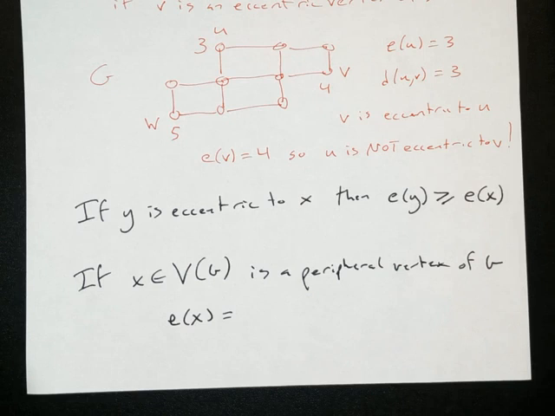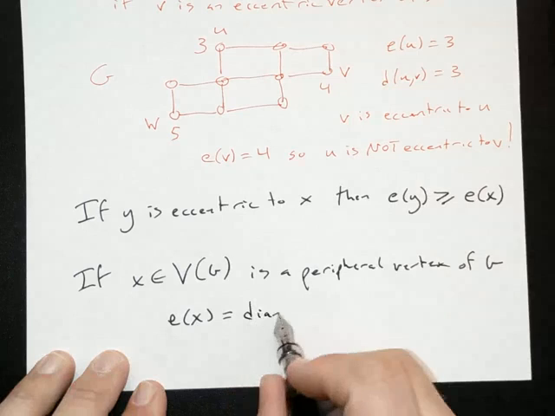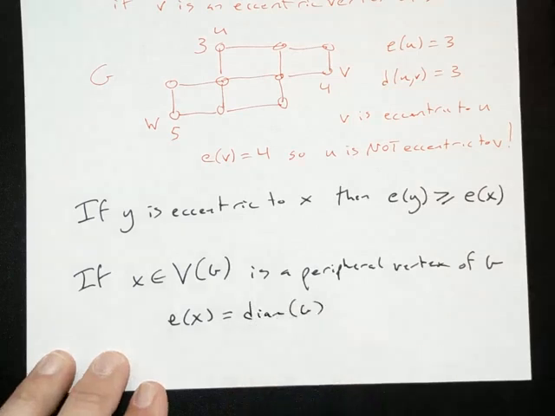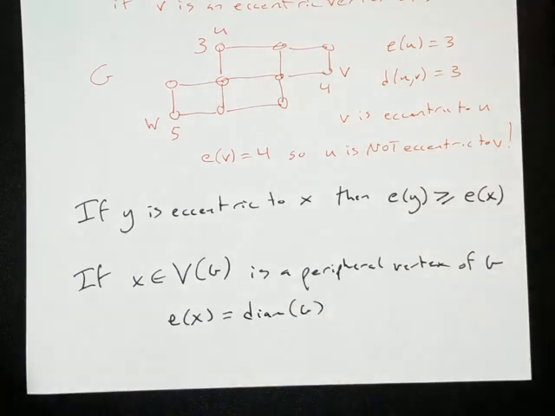It's the diameter. But that means there has to be some vertex that is that distance away, right?